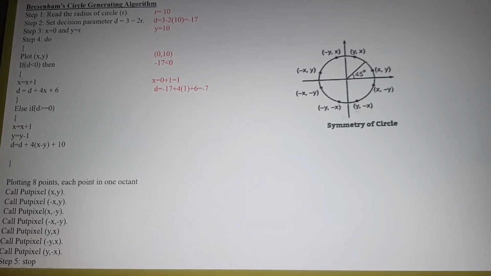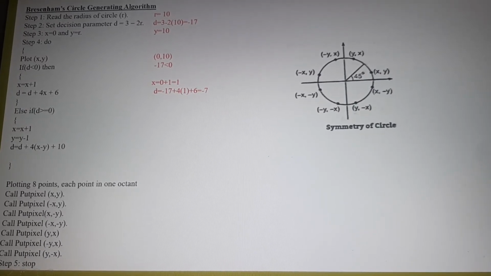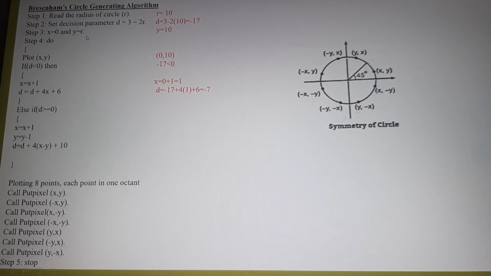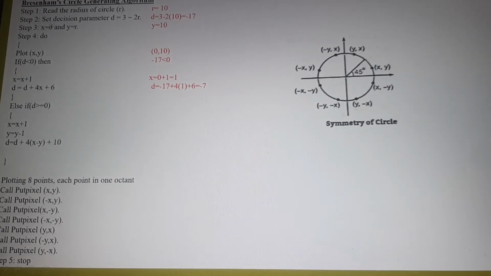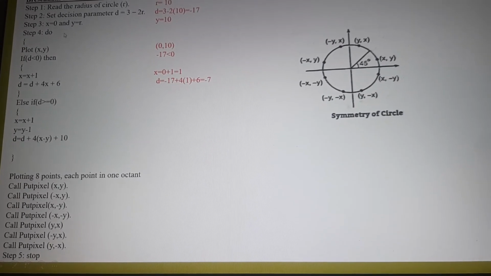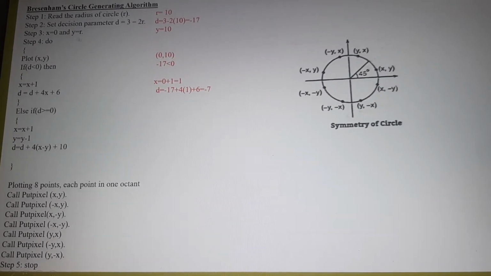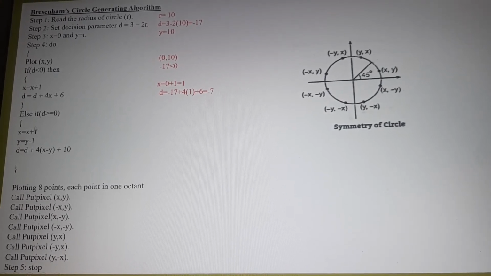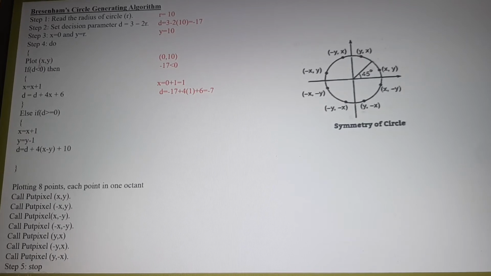Step 3 is x equals 0 and y equals r. Always remember, in this algorithm, x equals 0 and y equals r at the initial stage.